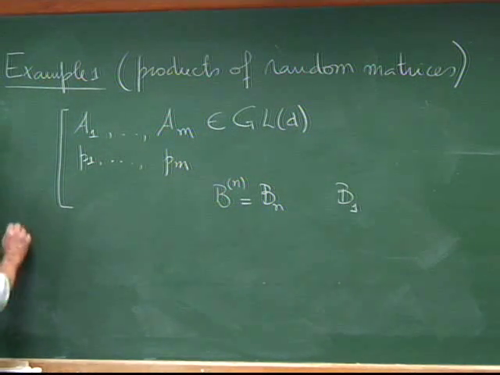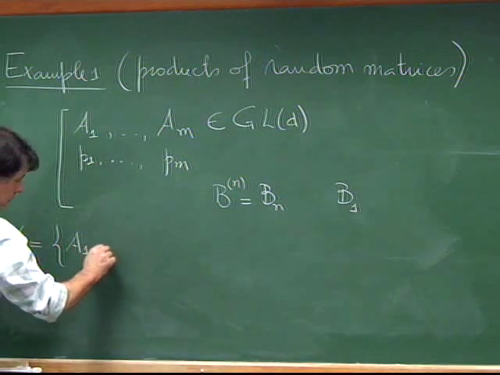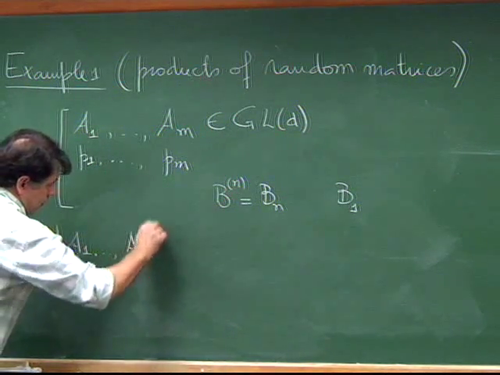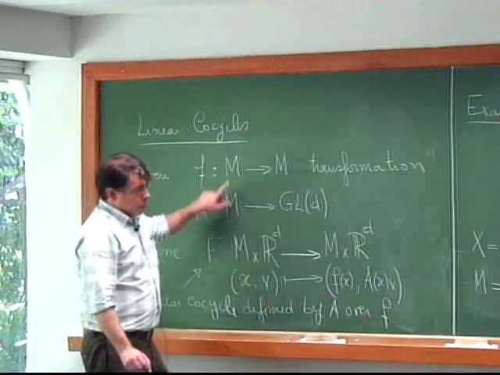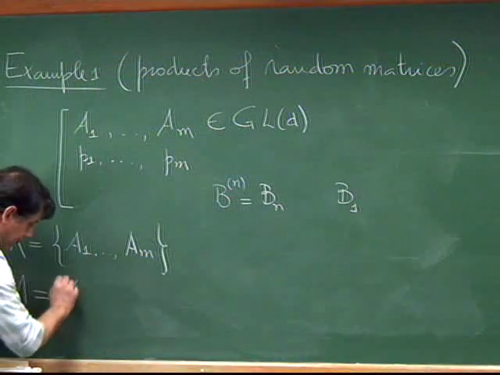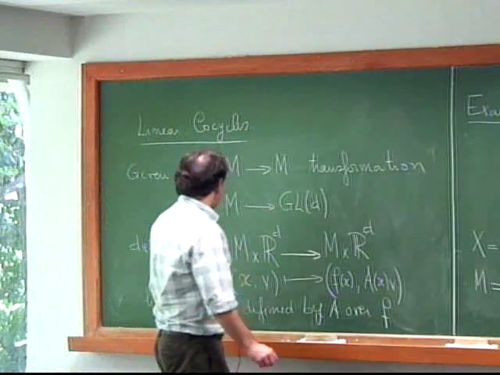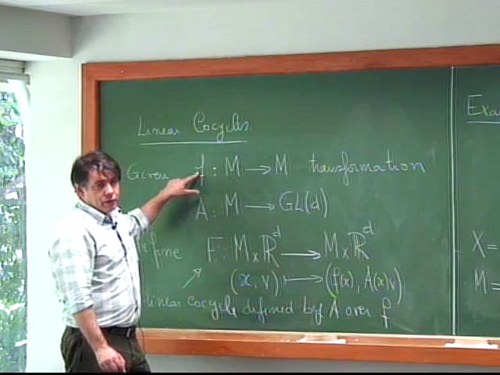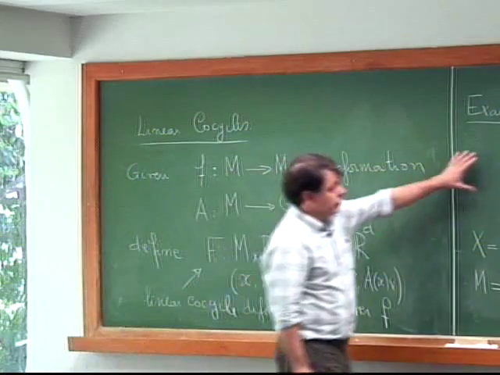So take X to be the set of matrices. Then take M, this M here, to be the set of sequences in X. Now I have to tell you what the transformation is that is involved here.